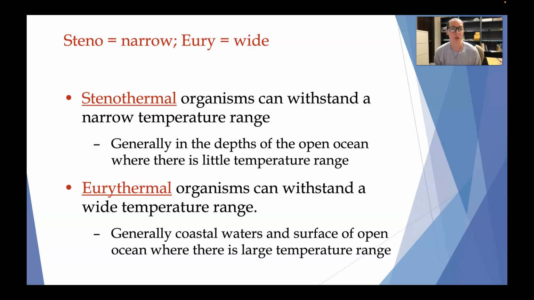Some examples of stenothermal creatures could be coral, right? So coral really only likes a sweet spot between 18 and 24 degrees Celsius. Anything more or less than that can be a little bit much for them. Creatures that can withstand a wide temperature range, a good example would be whales, right? At the surface, there can be warmer waters, and then they can dive down to the deep ocean to feed.